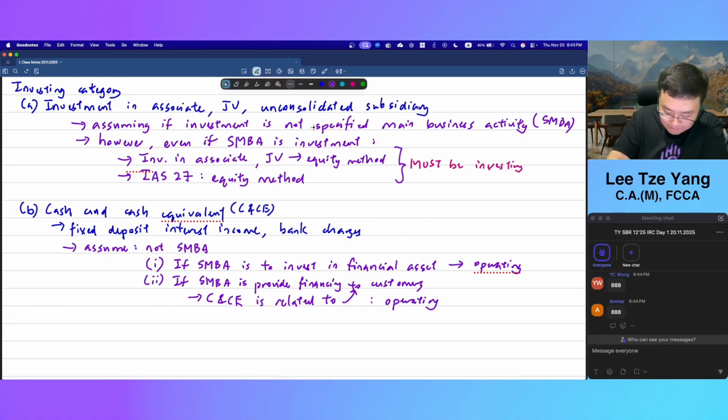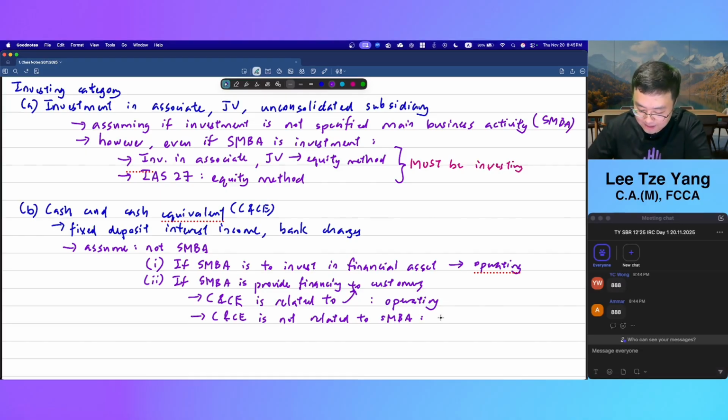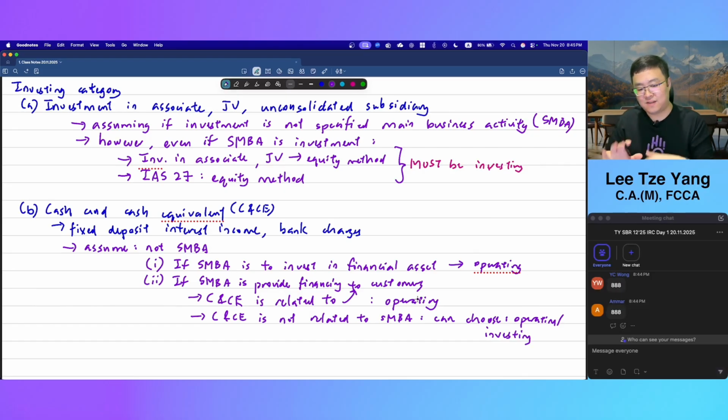Now, what if C and CE is not related to this SMBA? Then the entity can choose operating or investing. Like a bank, there will be some extra money that is not under the regulatory requirement. Is that one investing or operating?